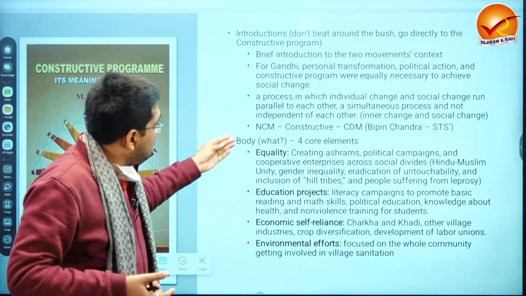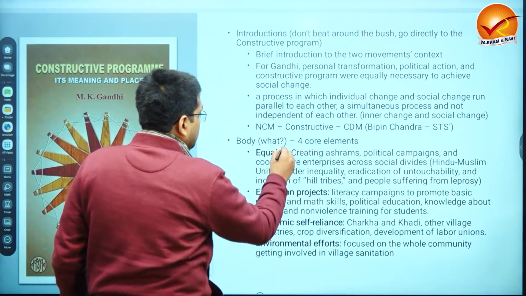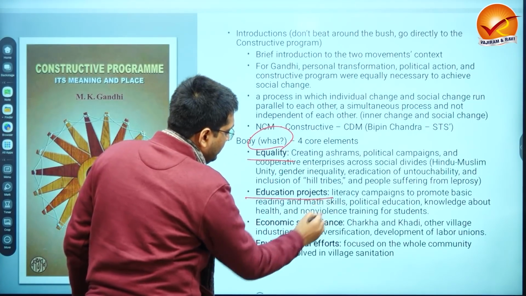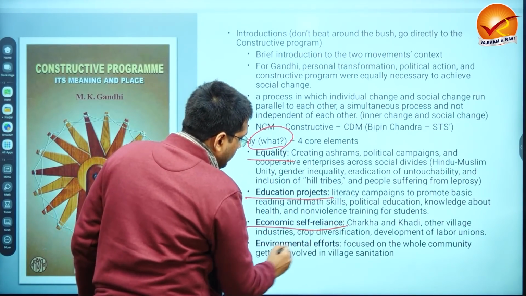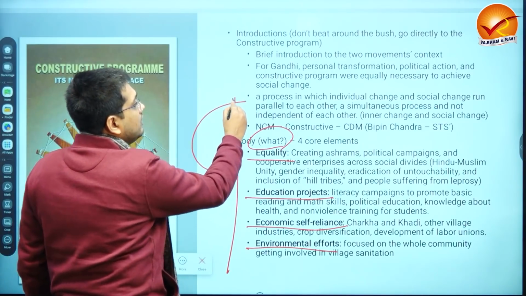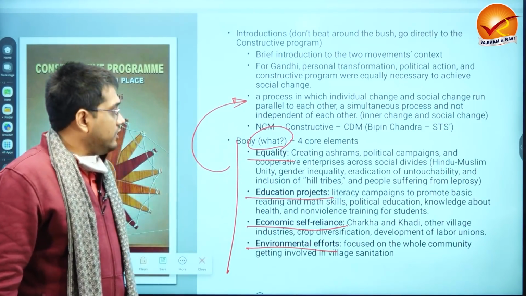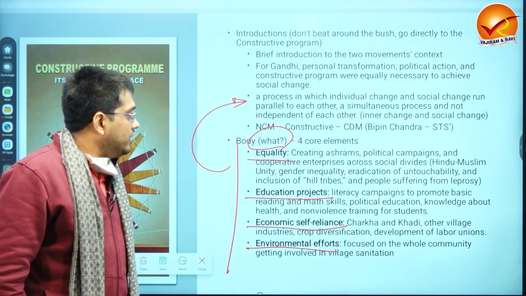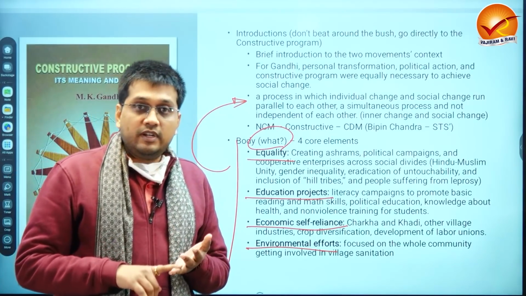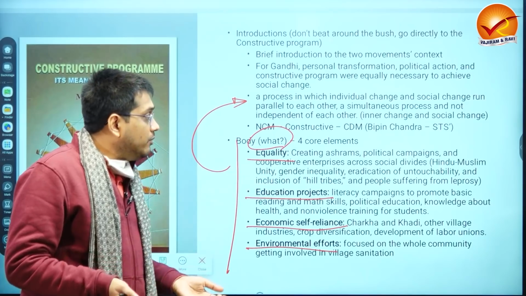So, what is being answered is what the constructive program is, and there are 4 core elements: equality, educational projects, economic self-reliance, and environmental efforts, all in the context of inner change and social change. In the equality section, you have ashrams, political campaigns, cooperatives, Hindu-Muslim unity, eradication of untouchability, eradication of the gender divide, and tribal people being included.